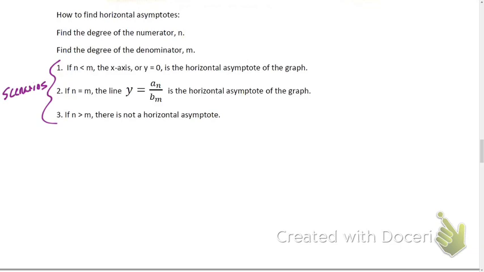So for example, if we have something like this, let's use a different front number. That'd be confusing.